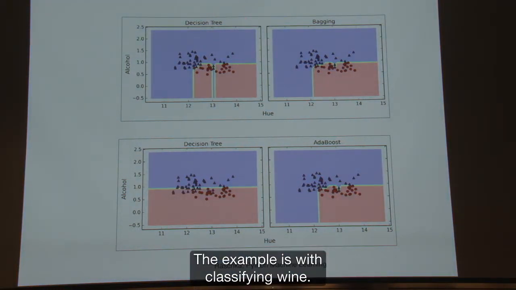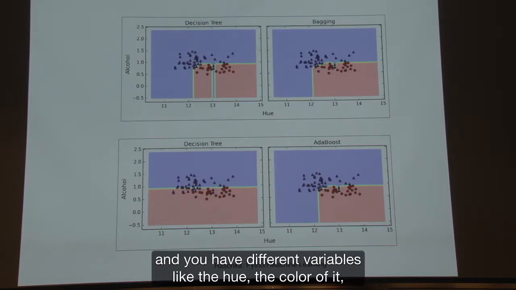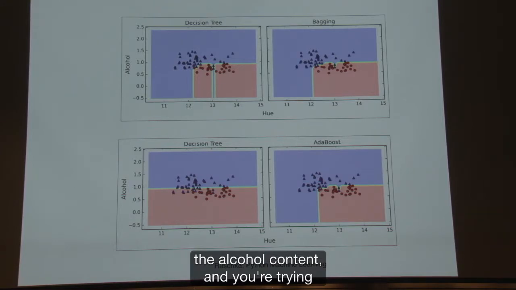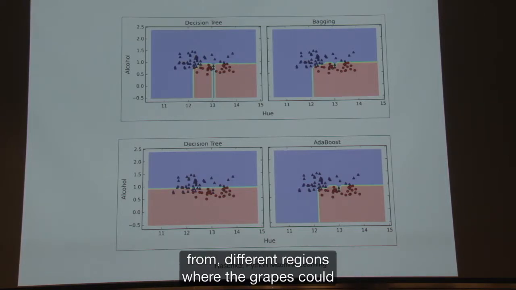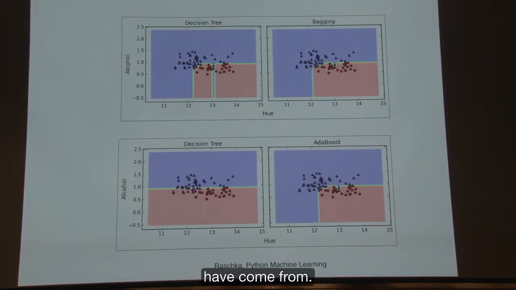The example is with classifying wine. This is a public data set about wine, and you have different variables like the hue, the color of it, the alcohol content, and the groups are based on where the grapes came from, right? Different regions where the grapes could have come from.